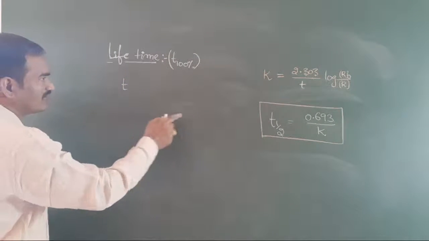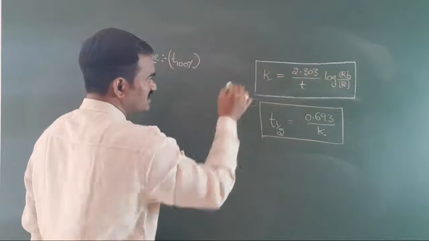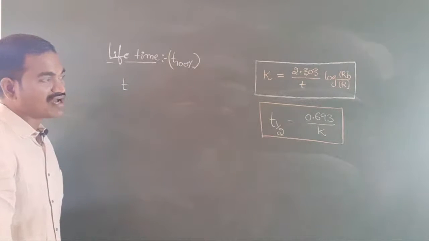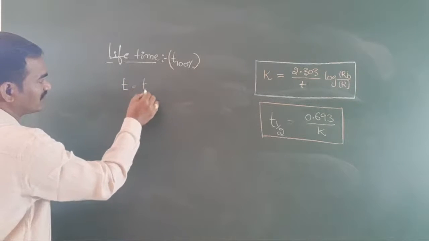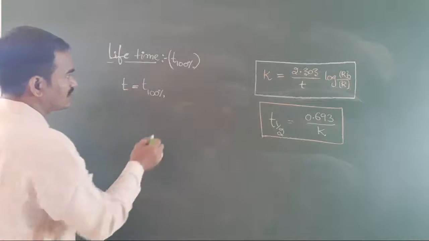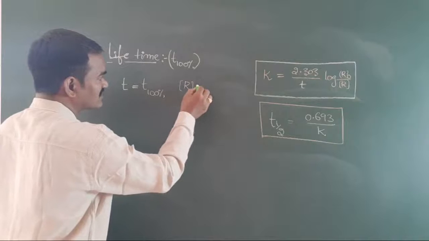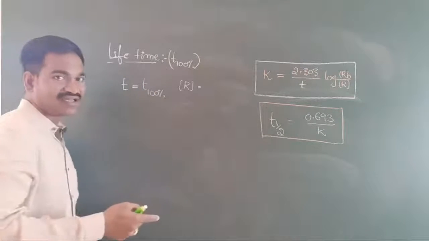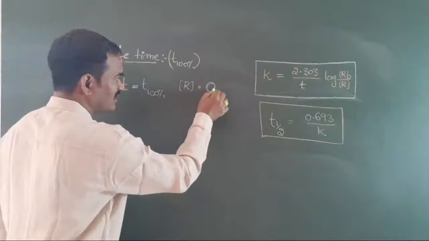Here you know the integrated equation for first order. We always use this one: K is equal to 2.303 by T log of R naught by R. What is the major point? T is equal to T 100%. And R means remaining concentration, the remaining concentration of reactants after lifetime, which is 0.